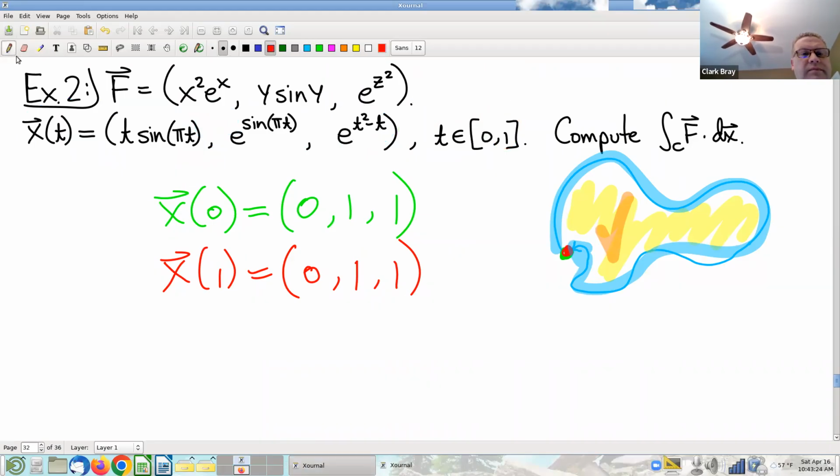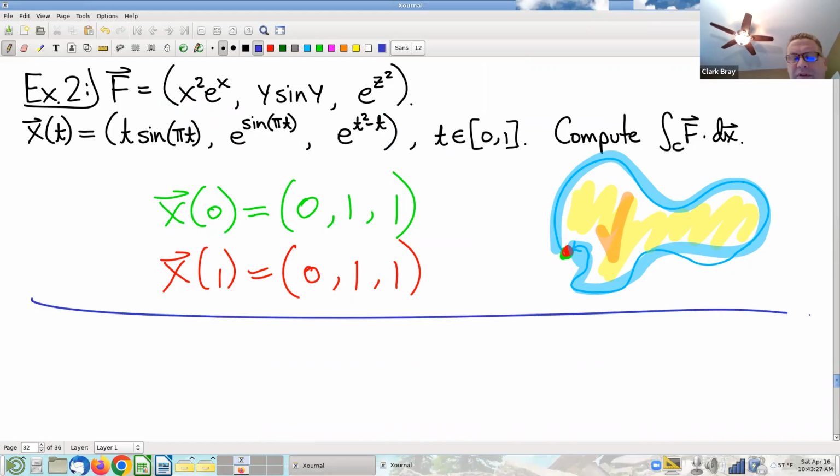And here we go. So having observed all that we did above, I'm going to show you the fundamental theorem of line integrals argument first.